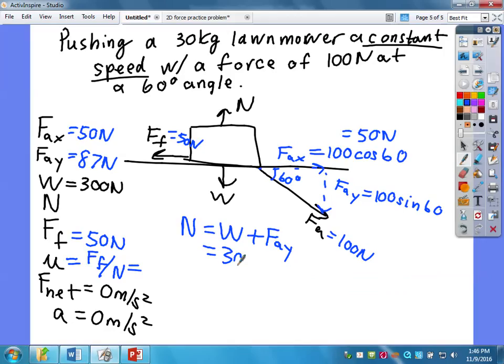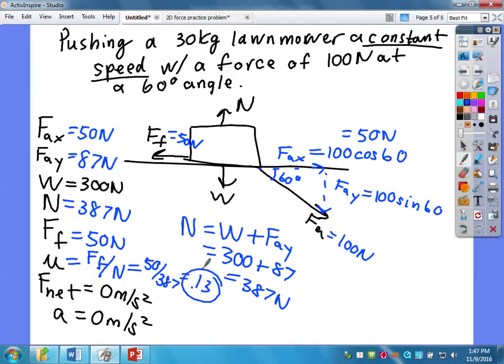So 300 plus 87, 387 newtons is the normal force. And now I can solve for mu. 50 over 387 is 0.13. Okay.